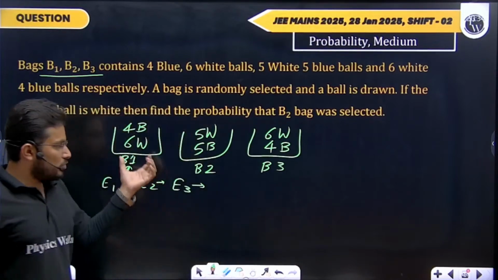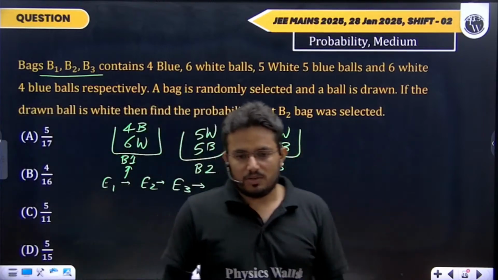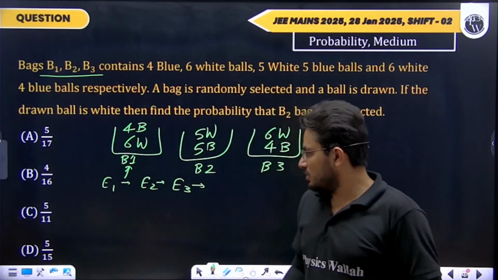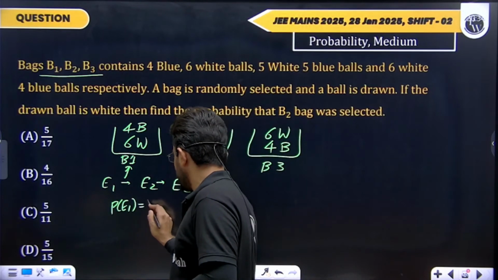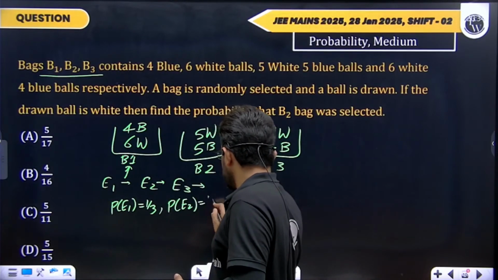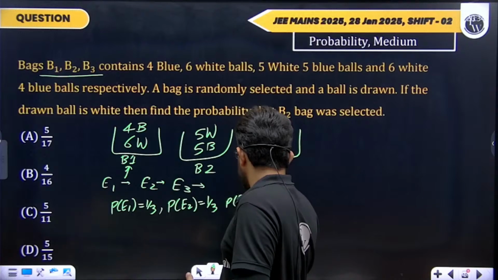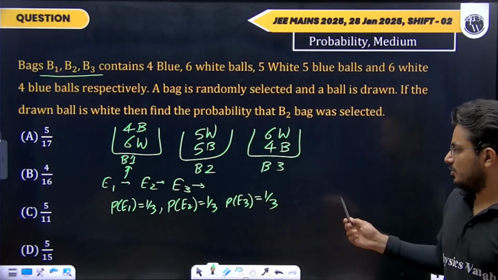We have equal probability of selecting the bags. Bag 1, bag 2 and bag 3, all 3 are selected randomly. So the probability of selecting these 3 bags, P of E1 will be 1 by 3, P of E2 will be 1 by 3 and P of E3 will be 1 by 3. So the probability of all 3 bags is equal.